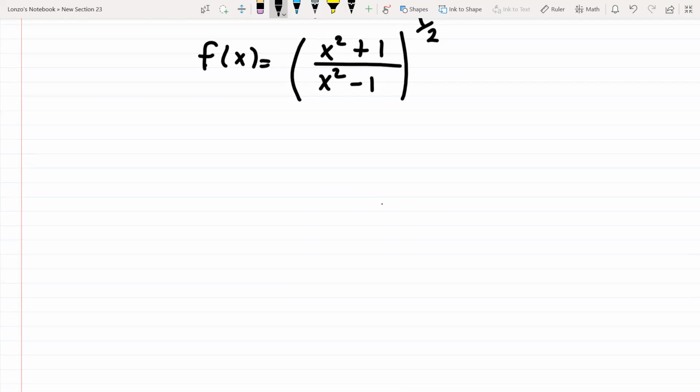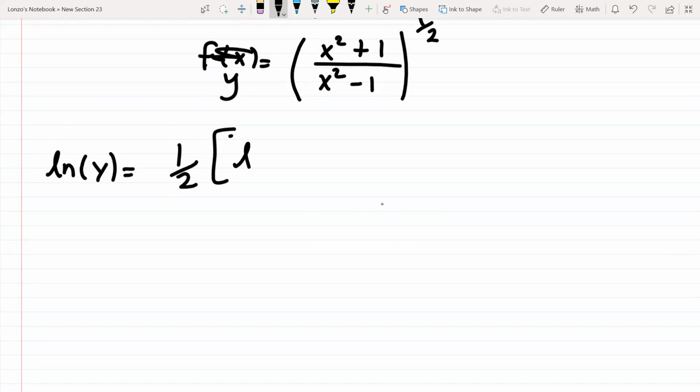So you could say f of x is the same thing as y equals. Take the ln of both sides, so ln of y equals, and then use your property of logs. When you have a power, it's going to be 1/2 ln of x squared plus 1 over x squared minus 1, right?